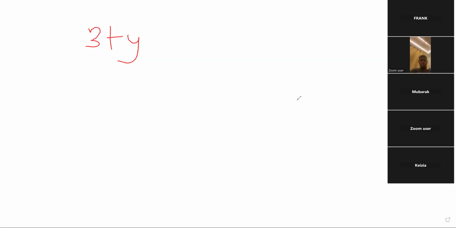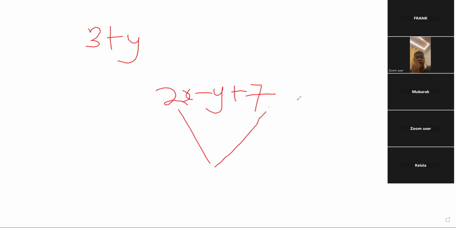So when we talk about algebraic expressions, as we have just described, it's made up of at least one number, at least a letter, and also an operational sign. So if I have 2x minus y plus 7, it is also an algebraic expression. The numbers present here are 2 and 7.